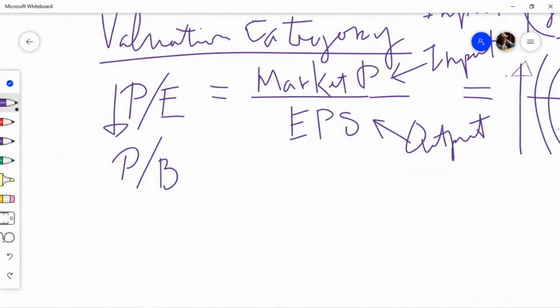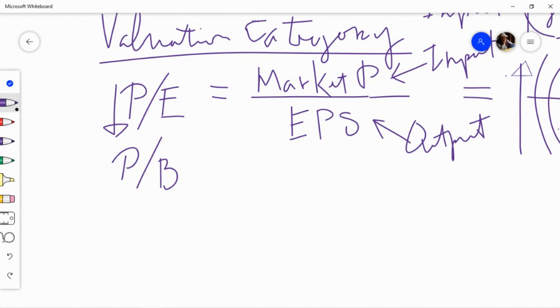Actually, the lower this number, that means the stock is a value stock, meaning the stock is cheaper for its earnings, right? It's called value stock. I mean, think about it.